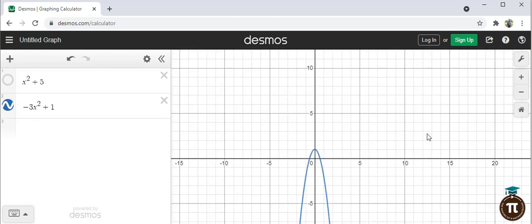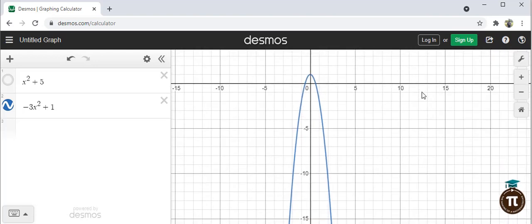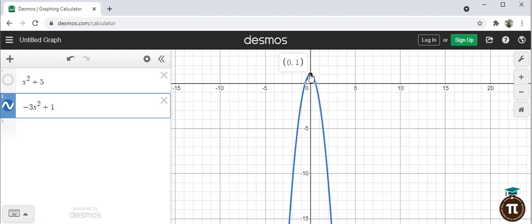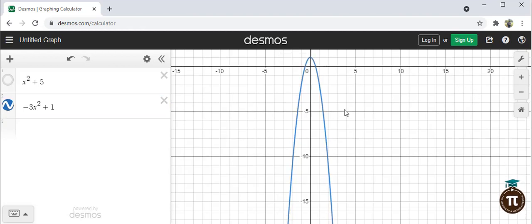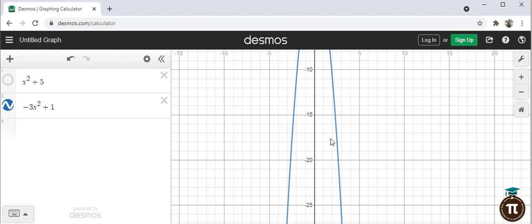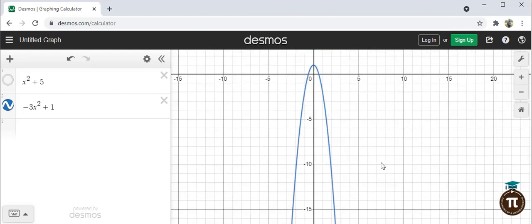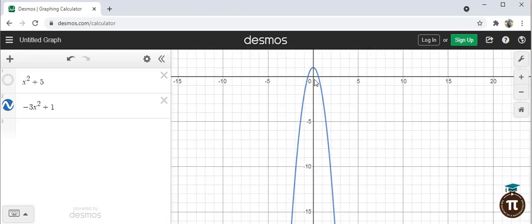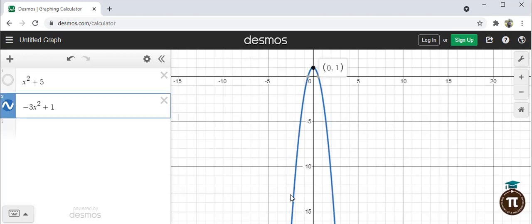You see how it goes down, till minus infinity. The highest point on the graph is 1, then it goes down to infinity, downward like that. There's no end if you continue going down. From the graph you will see that the range starts from minus infinity up to 1. That's the range of the second one.